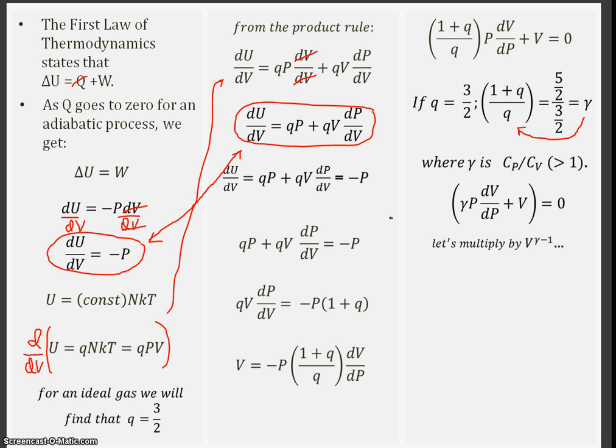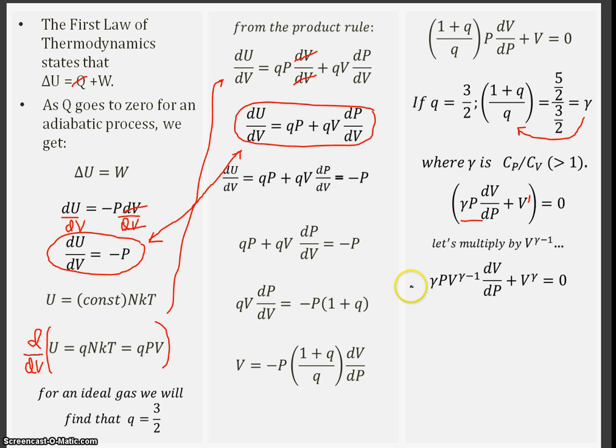If you multiply by v to the gamma minus 1, you come up with something that looks a little more complicated, but it's actually solvable. Basically this first term, we've put a v to the gamma minus 1 in there, and this next term, v, which is v to the 1 power, we end up with v to the gamma minus 1 plus 1, which is just v to the gamma.